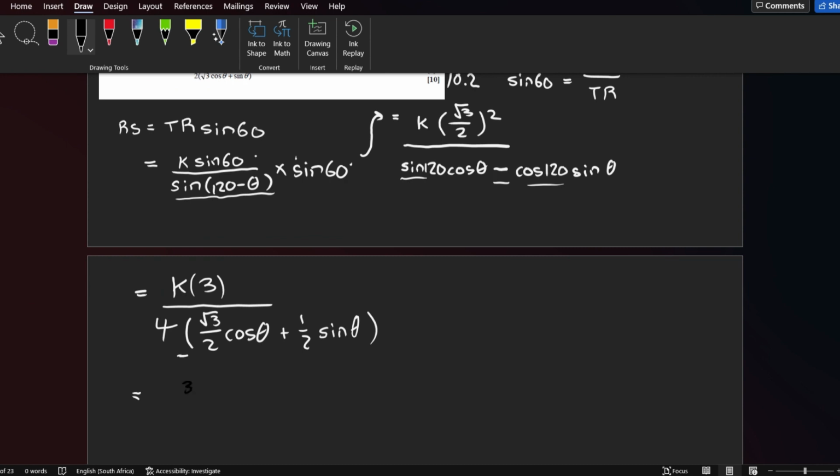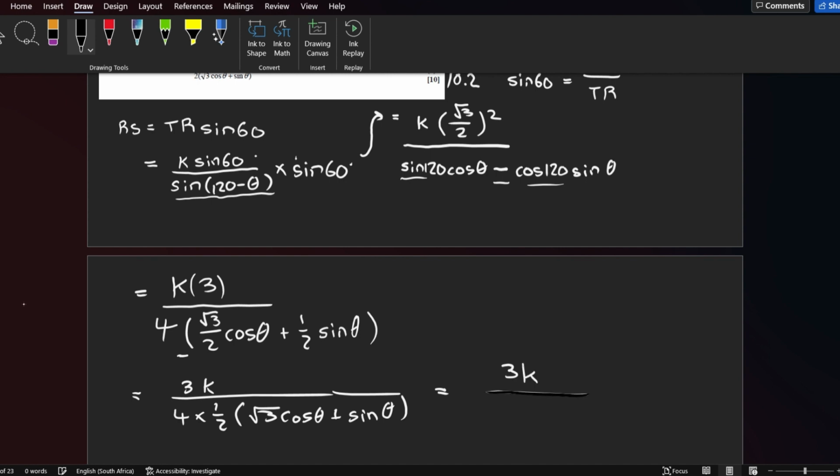So we have 3K divided by 4 times a half into root 3 cos theta plus sine theta. Obviously 4 times a half is 2, so we can simplify that further to get 3K divided by 2 into root 3 cosine theta plus sine theta.